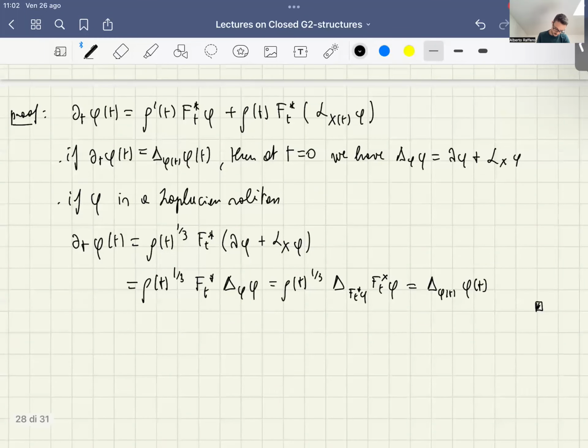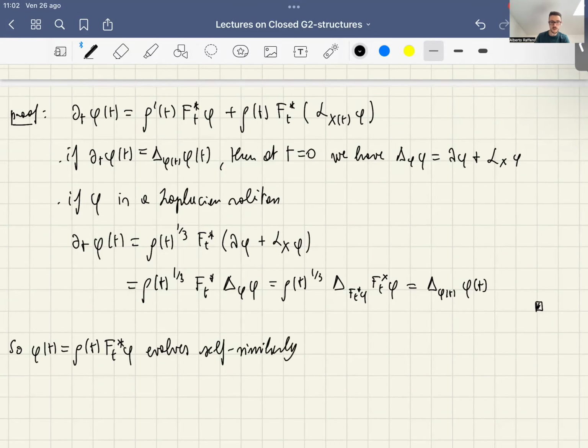So in particular, we have that Phi given by rho t pullback of a Laplacian soliton evolves self-similarly, and one has that also the metric will evolve in a similar way.